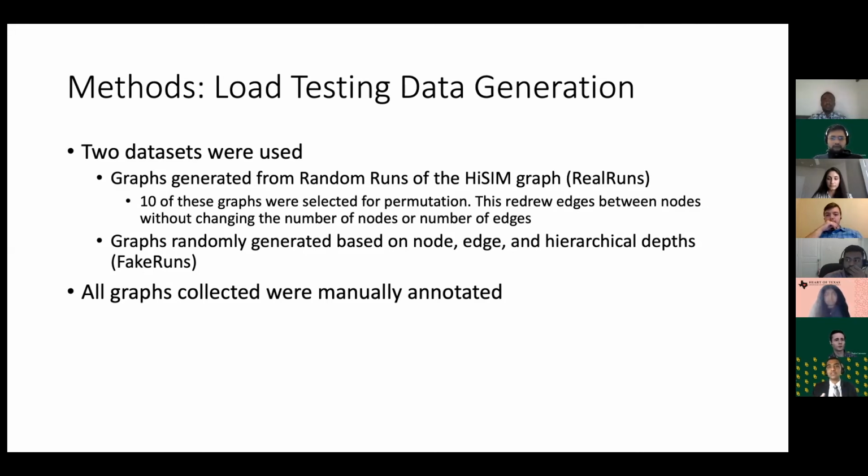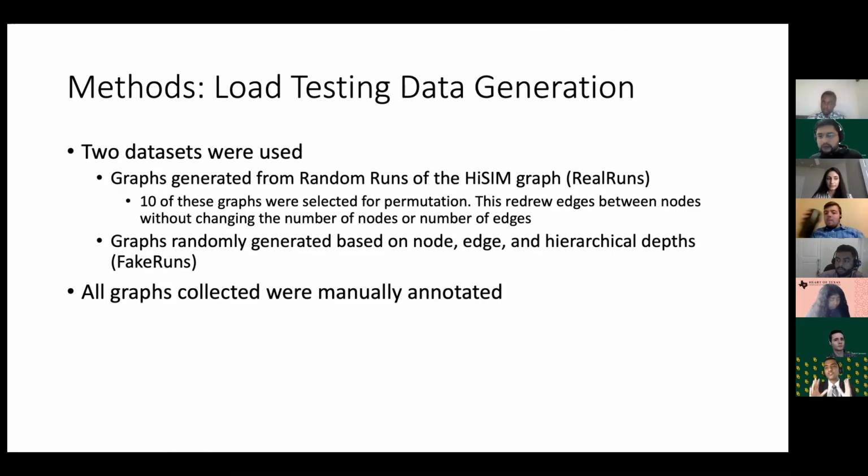For instance, if we had a graph that we knew displayed correctly on the VC plots, but then we permuted it and it didn't display correctly, then we knew there was some difference in some latent feature that we couldn't observe in the graphs that would cause it to not display correctly.